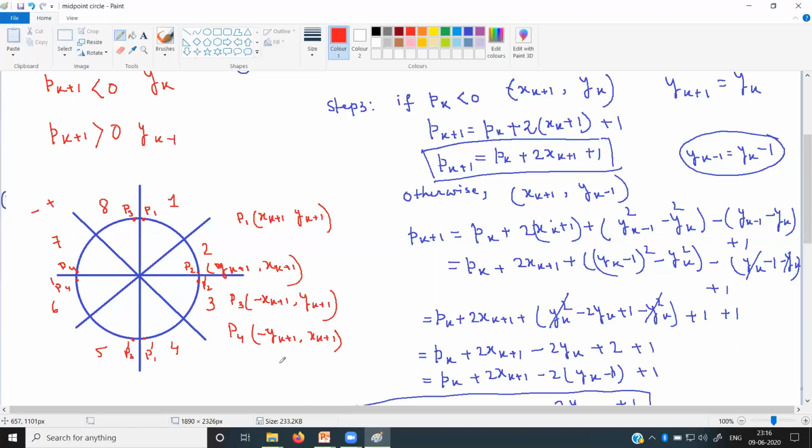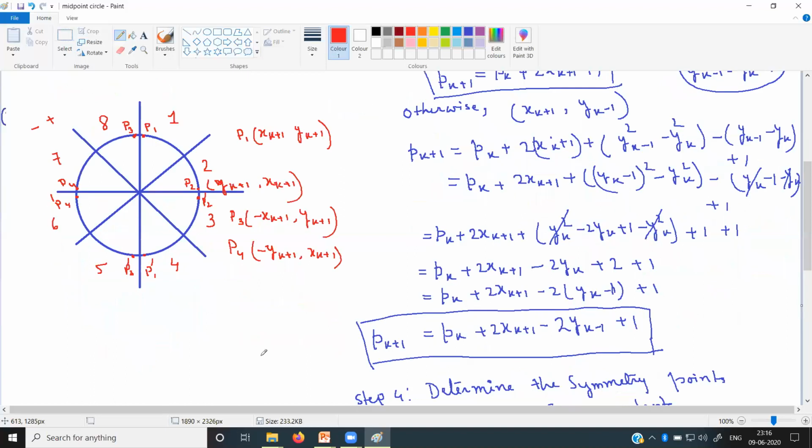Clear? So we can compute all the other points. What will be our P2 dash? P2 dash is just the mirror image of P2 with respect to the x-axis. Here the x value will be plus and the y value will be minus. So the point will be y of k plus 1 comma minus x of k plus 1.